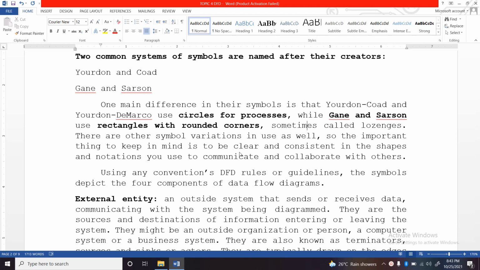So isa lang po dapat ang kailangan nating piliin doon sa mga notations. If you're going to make use of the Jordan and Coad, then use its symbols. And if you would like to make use of the Gain and Sarson, you should use the symbols intended for that particular notation, but you cannot use them both. Okay?